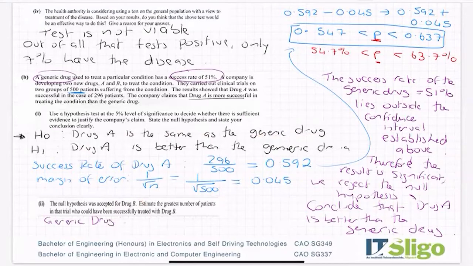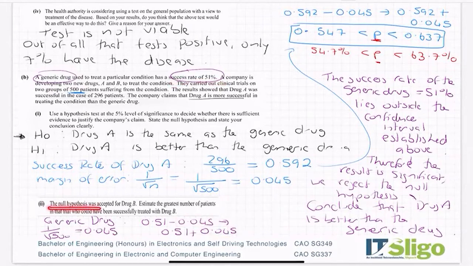the margin of error would still be the same for 500 patients, except instead of adding it on to 0.592, remember we got that from 296 over 500, we're adding it on to 0.51. So 0.51 minus 0.045 up to 0.51 plus 0.045. You're adding your margin of error onto the data from the generic drug.